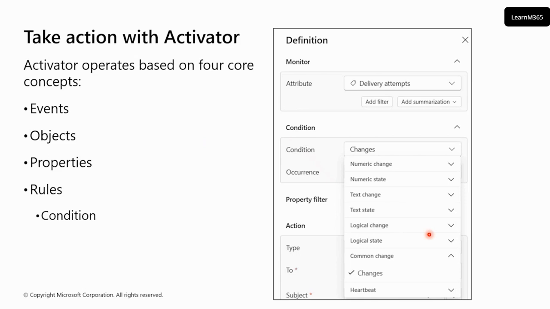Now we have an activator. So let me tell you what this activator is. Activator is a technology within Fabric, and it enables automated processing of events that trigger actions.